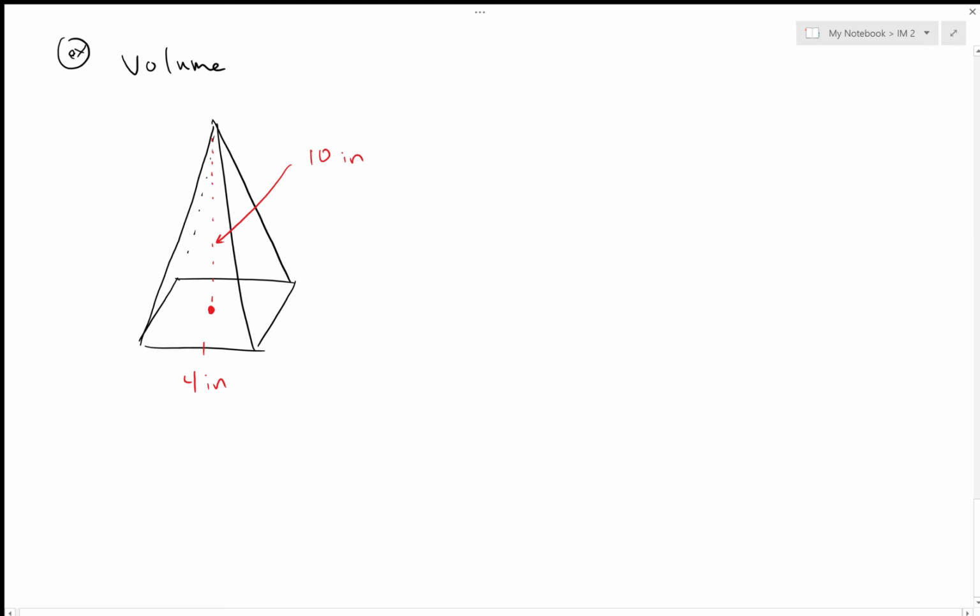Obviously it is a pyramid, but we have to look at the base shape down here. Let's see, 4-sided shape, it's a square-based pyramid. So we're trying to find the volume of the square-based pyramid, and that equation is length times width times height over 3.